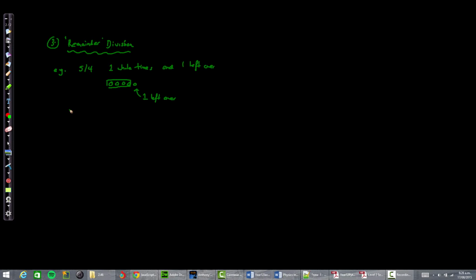Well, the way that you do that in JavaScript and a number of other languages is to use this symbol here. You think, well, that's percentage, isn't it? Not always, at least not in some programming languages like JavaScript and also Python and some others.